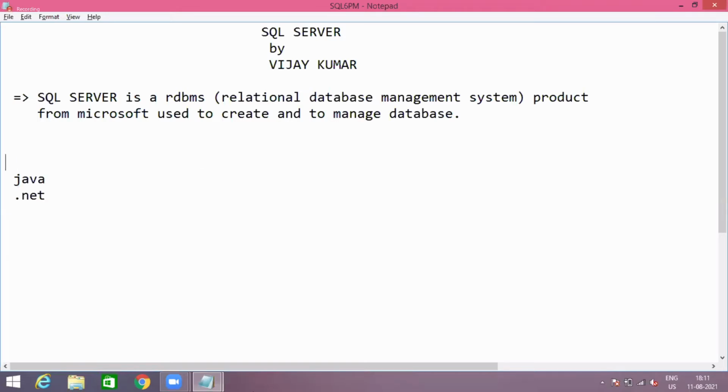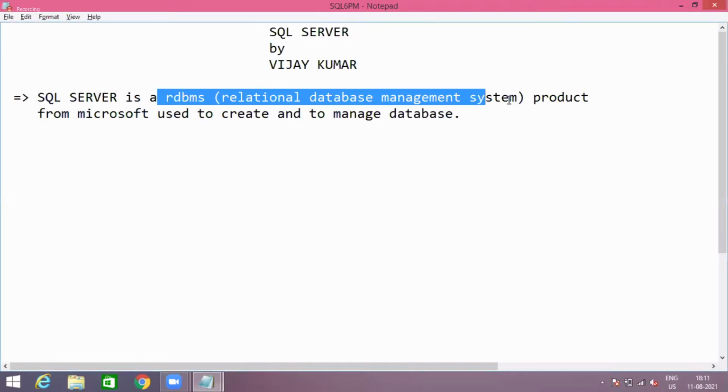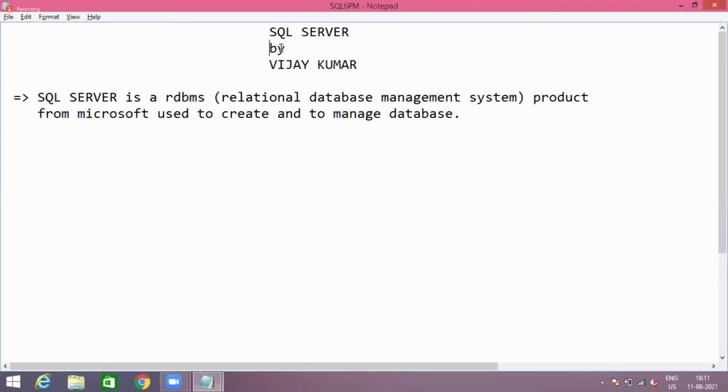Java language is developed on the OOPS theory. Based on this OOPS concept, they developed Java. Similarly, .NET and Java are all developed on the OOPS concept. Similarly, SQL Server is developed on the RDBMS concept.